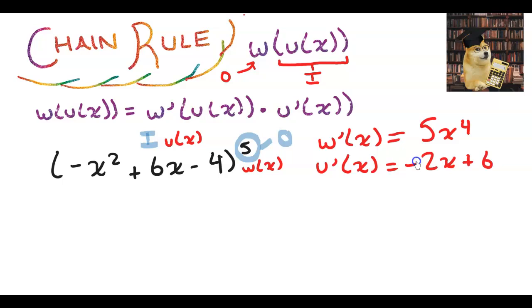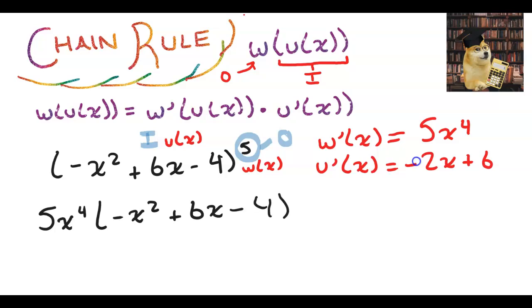So we solve this easily. 5x to the fourth multiplied by (minus x squared plus 6x minus 4) to the fourth, and we multiply it by our u prime, which is minus 2x plus 6.